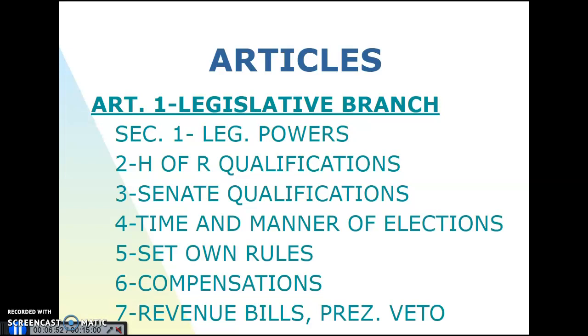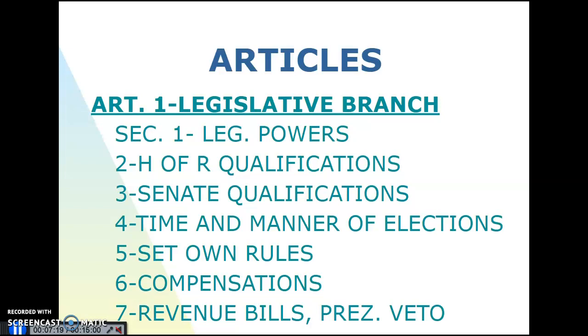All right, Section 5 talks about judging their own members and setting their own rules. Section 6 talks about compensation and privileges. Section 7 talks about revenue bills. Revenue bills must originate in the House, but more importantly here, I want to talk about presidential veto. Again, another check and balance on the president.